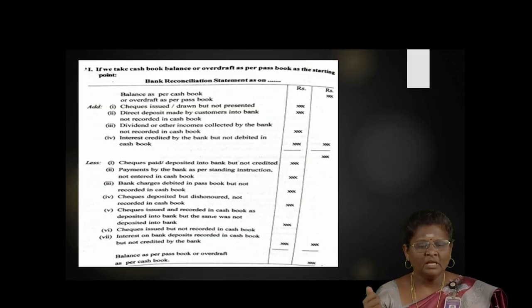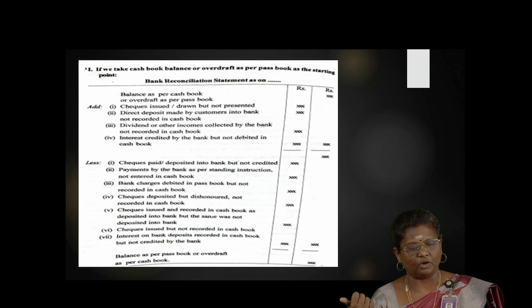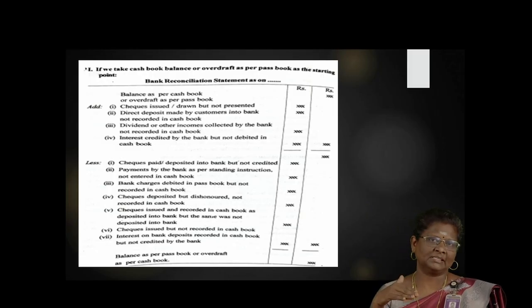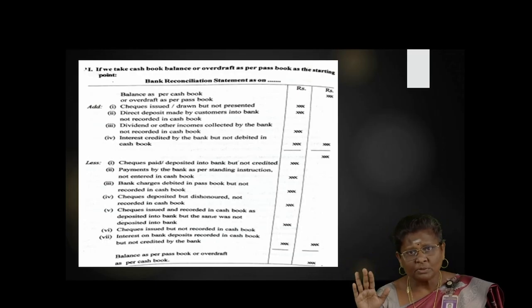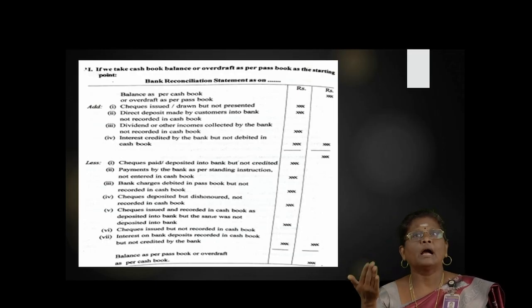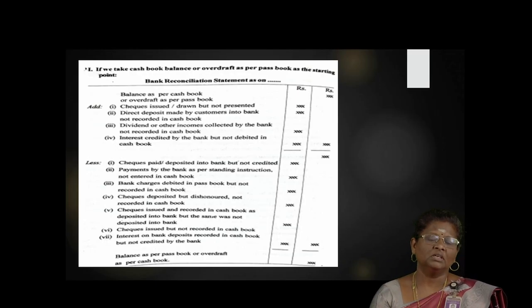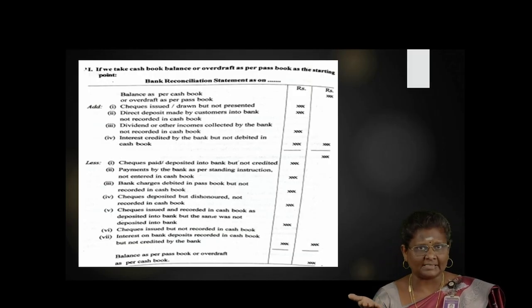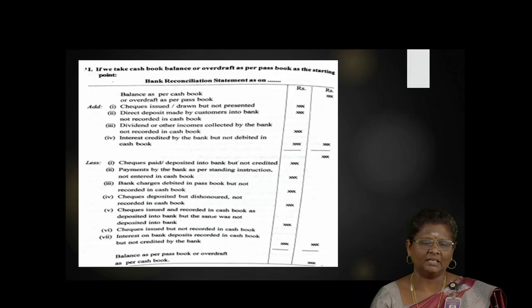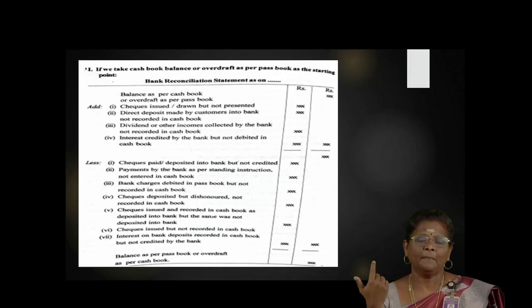At the same time, interest on bank deposits recorded in the cash book but not credited by the bank. In all these cases, the balance as per passbook is low compared with the cash book. So if the passbook shows a lesser balance, it should be deducted. So all these amounts are deducted from the balance.